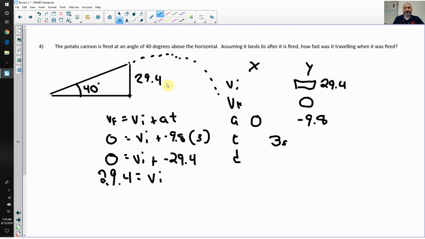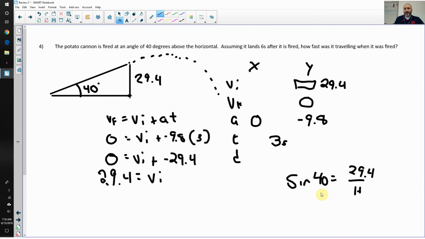At this point, you're basically done because you know the sine is the opposite over the hypotenuse. We know the angle, sine of 40 degrees. We also now know the opposite side, 29.4.